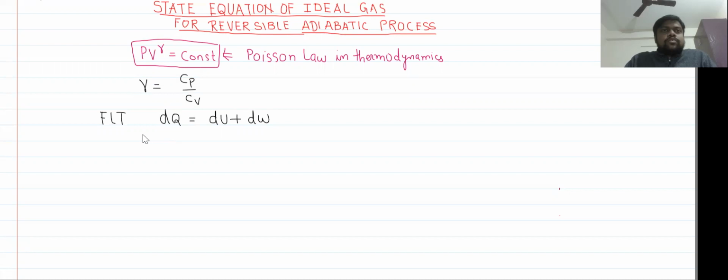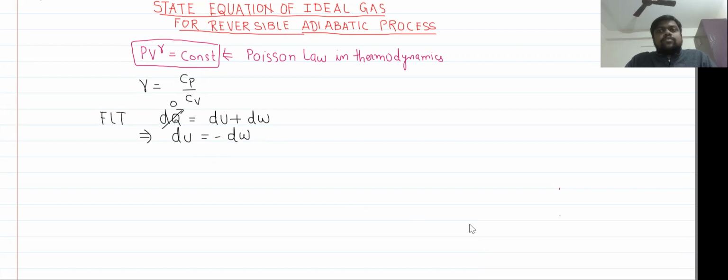Since this is an adiabatic process, no heat will be exchanged with the surrounding, so dq will be 0. So you can write this as du, which will be equal to minus of work done.